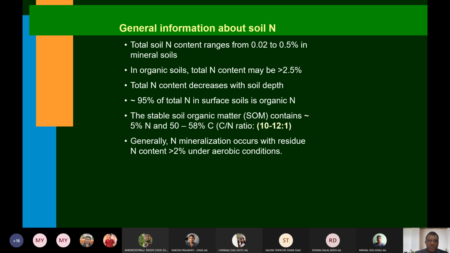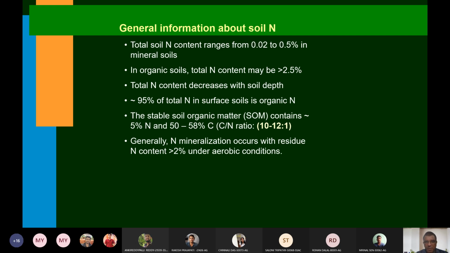It is because it is directly related to organic matter. As you go deep into the soil, organic matter decreases. More than 95% of total nitrogen in surface soils is organic nitrogen. Only 5% or less is inorganic nitrogen. These are average values. The stable soil organic matter contains 5% nitrogen.